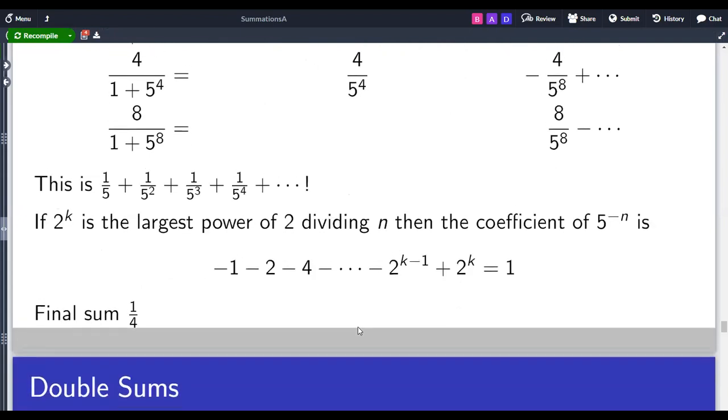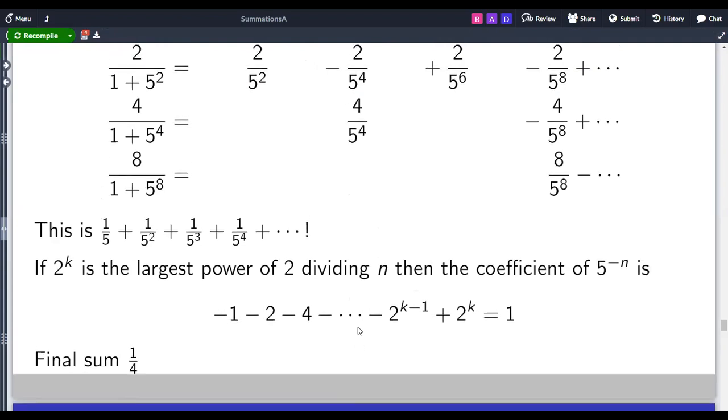Does anyone have any questions about this? If not, then let's move on to the next problem.